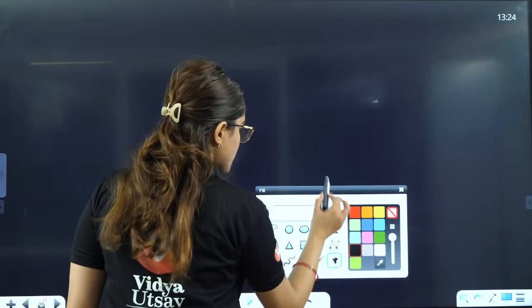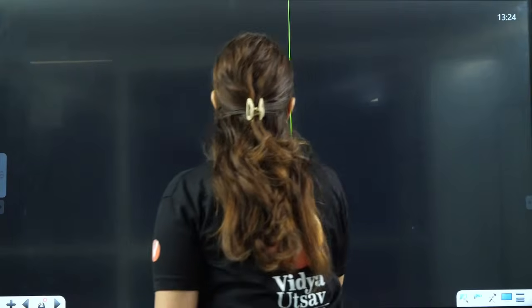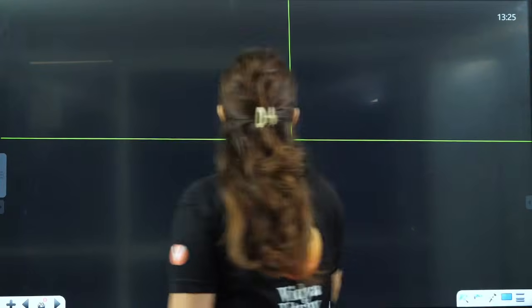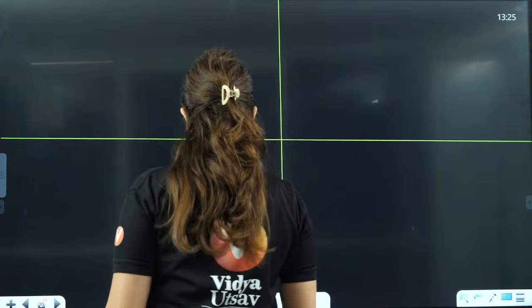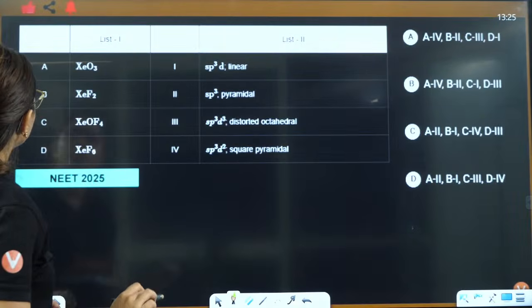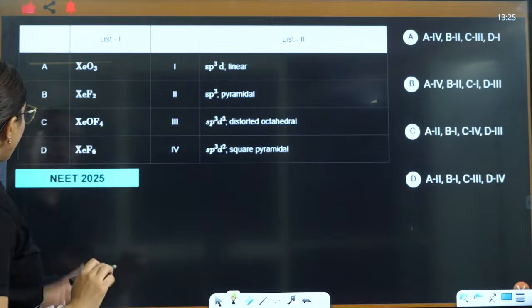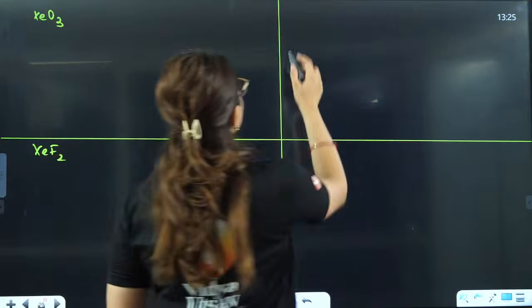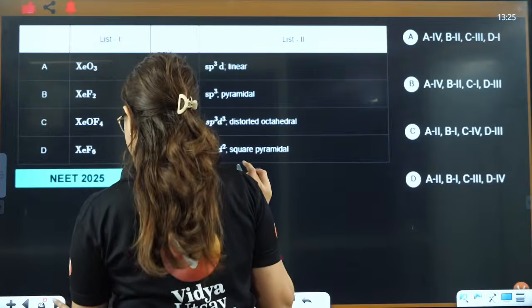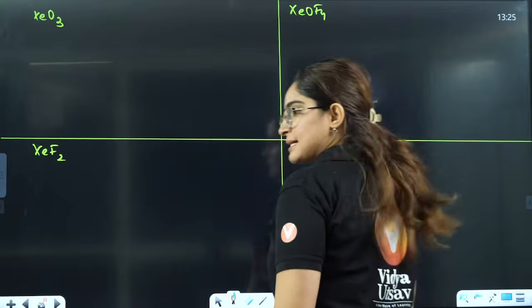Let me divide it into 4 parts because we have 4 compounds to discuss: XeF2, XeOF4, then XeF6. Now one by one I'll discuss all of them.